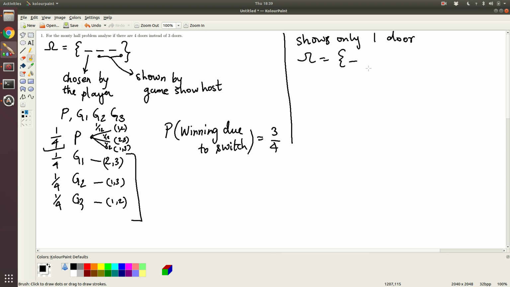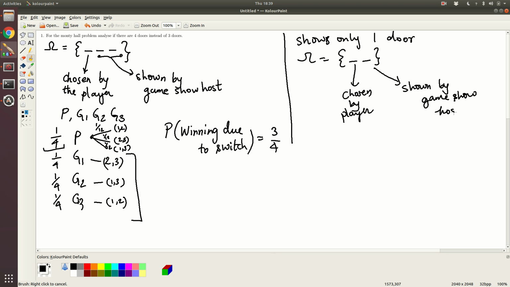The first is what the player has chosen. The second is what the game show host is showing. So chosen by player, and this will be shown by game show host.